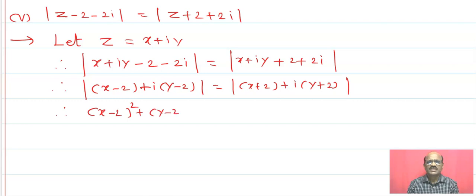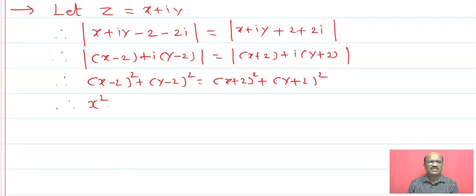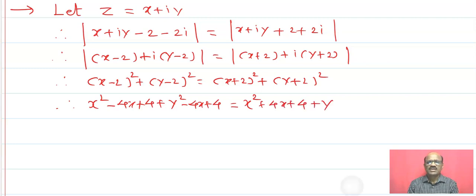Therefore x minus 2 bracket square plus y minus 2 bracket square is equal to x plus 2 bracket square plus y plus 2 bracket square. Now simplify this: x square minus 4x plus 4 plus y square minus 4y plus 4 equals x square plus 4x plus 4 plus y square plus 4y plus 4.